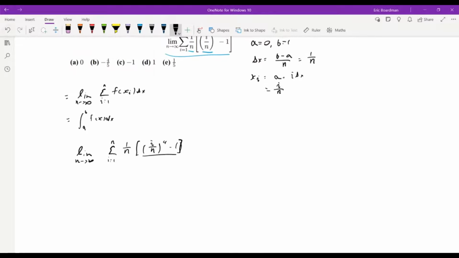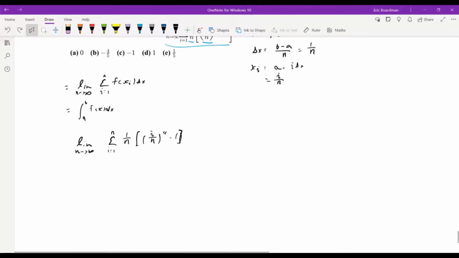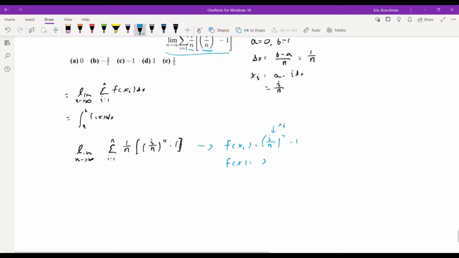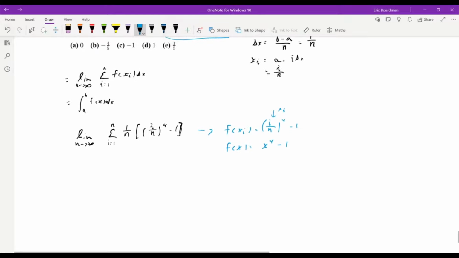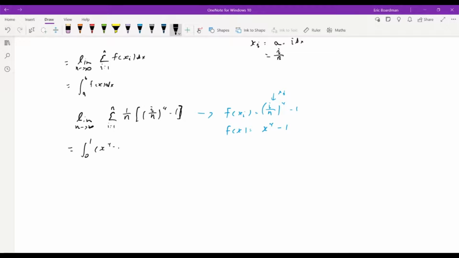You know, this inside is f of x at I. So, we know what xi is, I over n. So, if f of xi equals I over n to the power 4 minus 1, and this is xi, we know that f of x equals x to the power 4 minus 1. So, this is just going to be the integral from 0 to 1 of f of x, which is x to the 4th minus 1, dx.